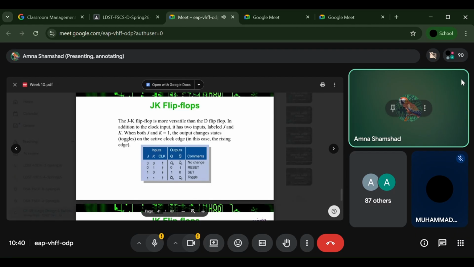So D was the data, and JK is the set reset, and we have already discussed that for JK again there are 0 0, 0 1, 1 0, 1 1.